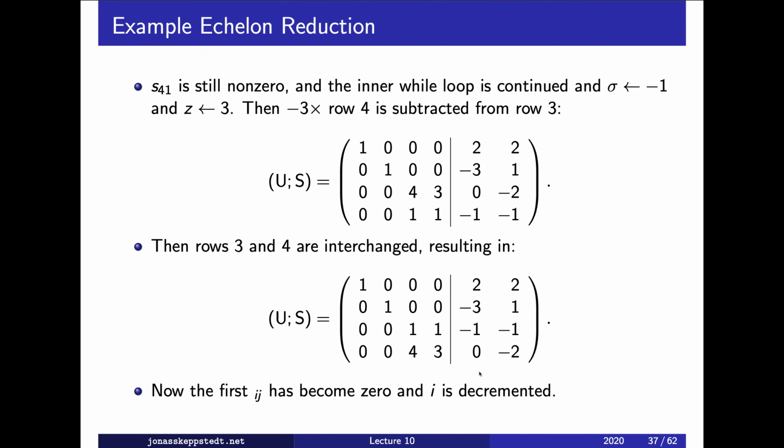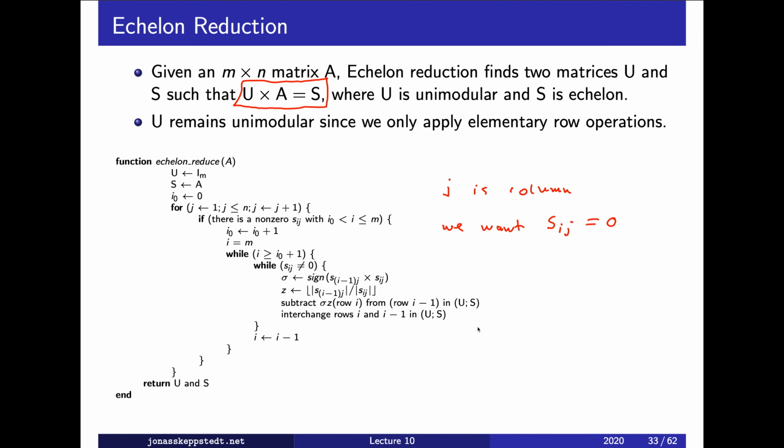And we repeat the process and get a 0 and interchange. So now we have achieved a 0 at this matrix element. What we do then is to continue. If we look here, we have done this, and we continue with the next row.